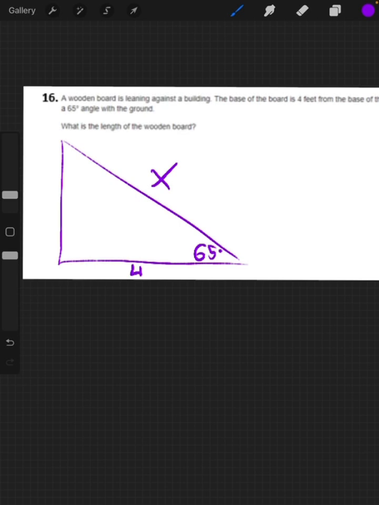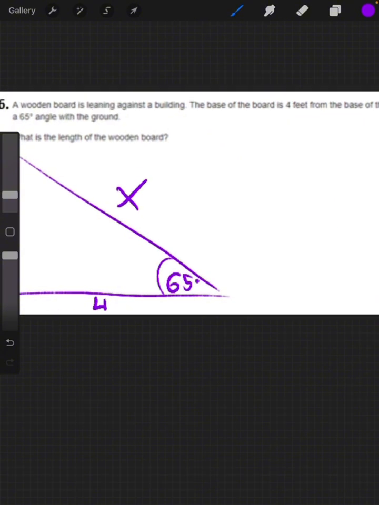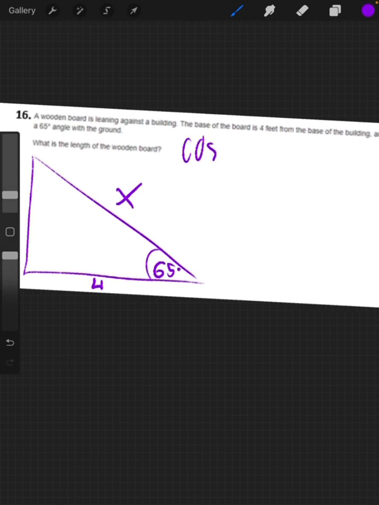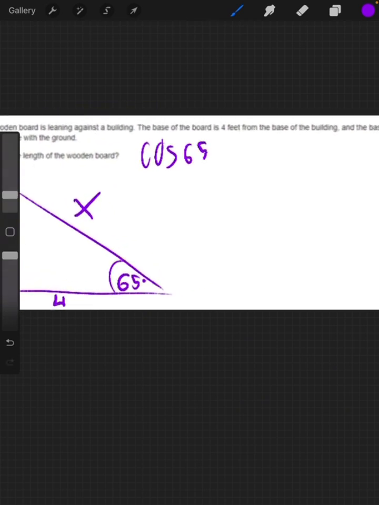So then, at this angle, we can use cosine to find x, because to solve for cosine, you use the adjacent side and the hypotenuse, which is what we have. So cosine 65 equals 4 over x, and these two are basically switching sides, because you multiply by x and divide by cosine 65.